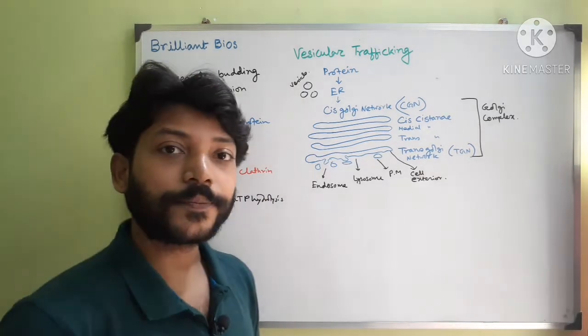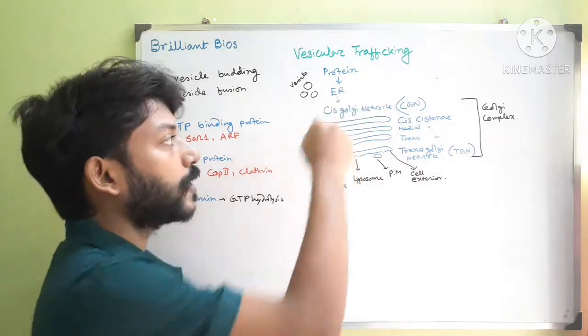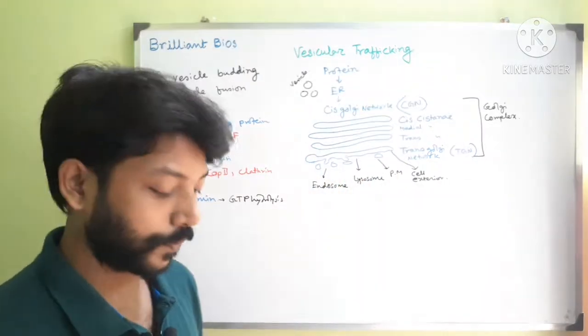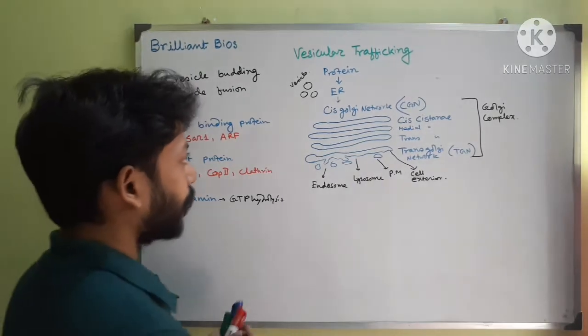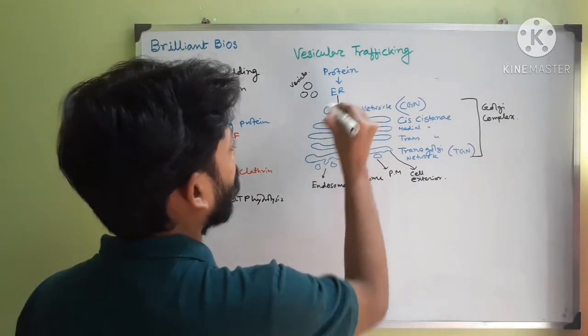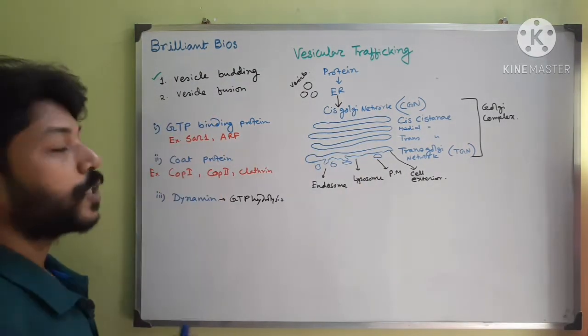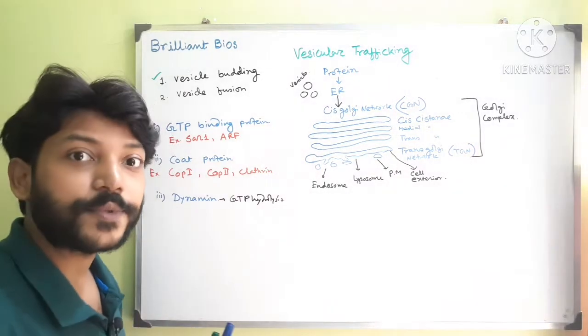So the first route is protein from the ER to the cis-Golgi network. In this route, when protein moves from the ER to the cis-Golgi, the SAR1 protein helps in this budding.